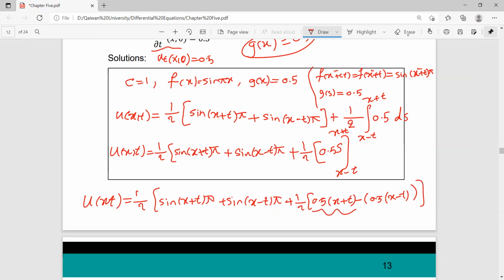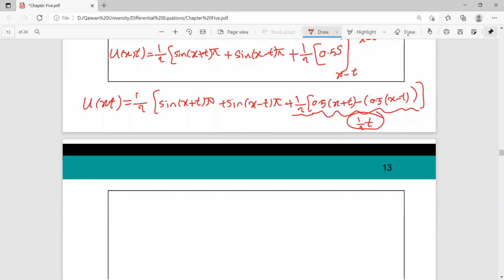And so this bracket becomes 1t. It becomes 1t, so you get only half of t. This one becomes a half of t.